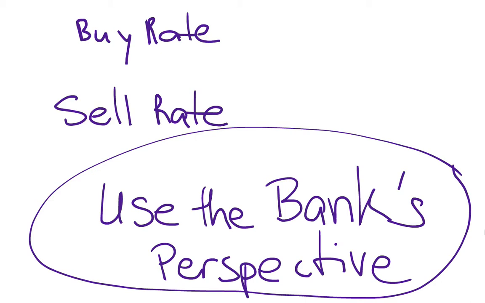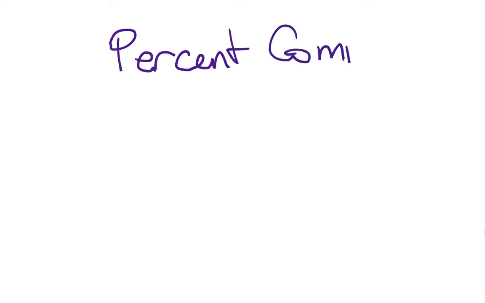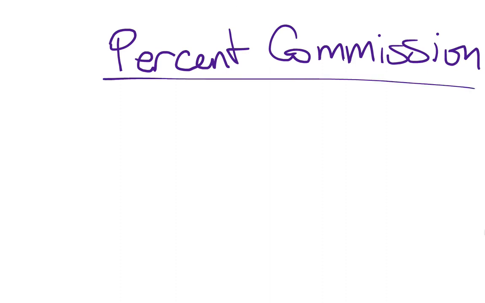All right. Let us now talk about commission. Percent commission. So sometimes the bank just straightforwardly says, you know what, I'll give you some currency, but you need to give me some money in exchange.